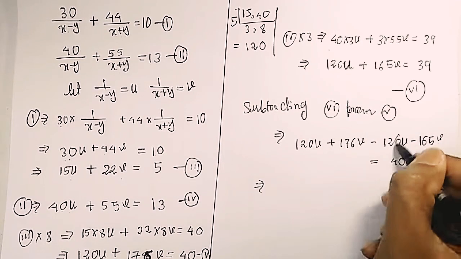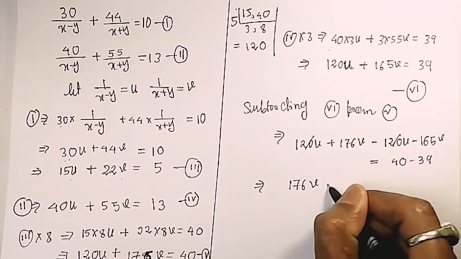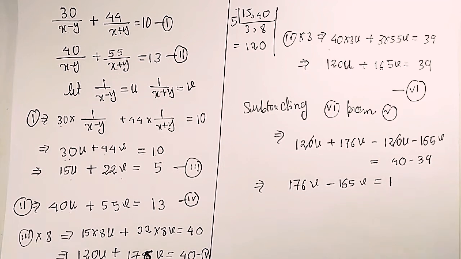The 120u cancels. So 176v minus 165v is 1.